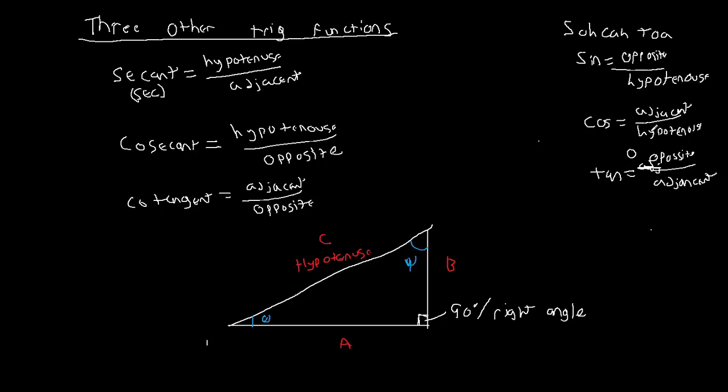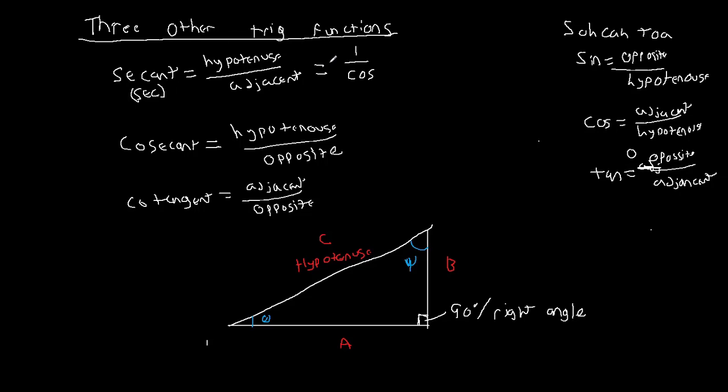So you might be correctly thinking that the secant is really just the inverse of cosine. And when I say inverse, I mean 1 over cosine. Right? Because 1 over cosine means you flip cosine, which would make this hypotenuse over adjacent, which is the definition of the secant. So hopefully that makes sense.